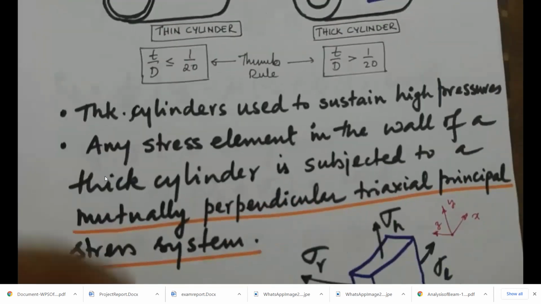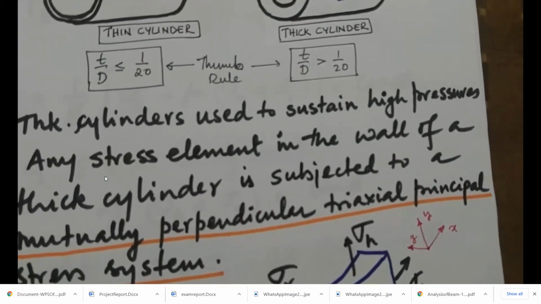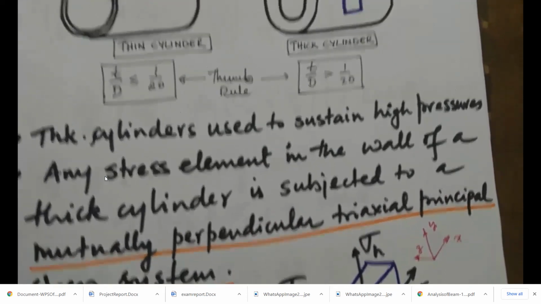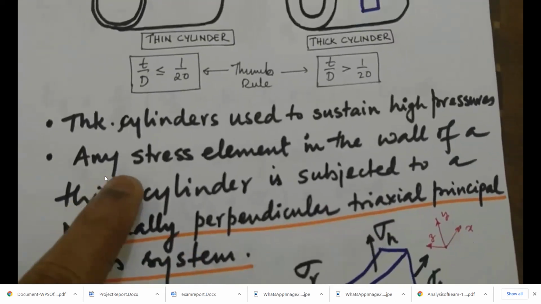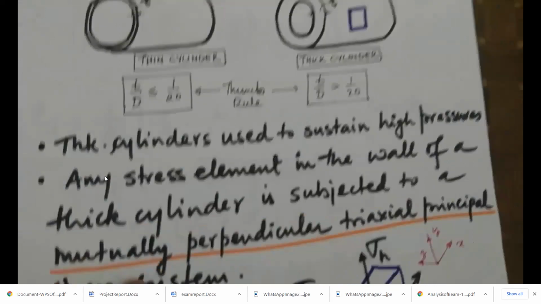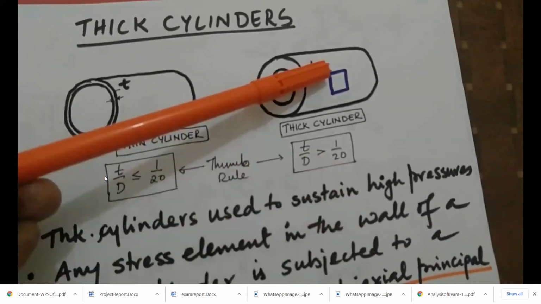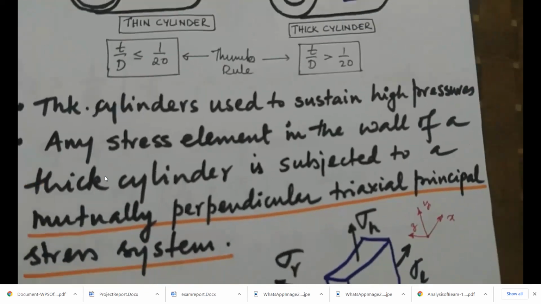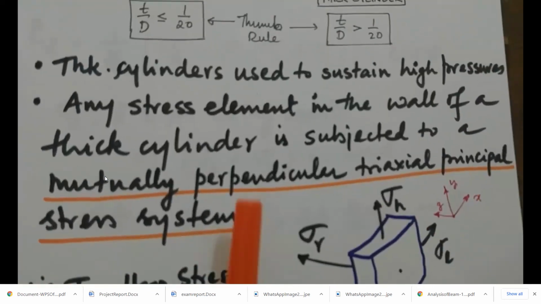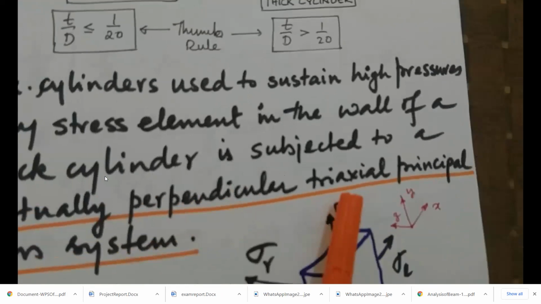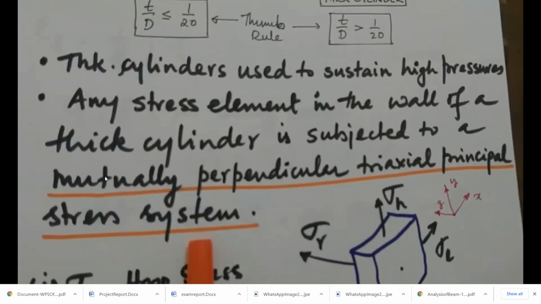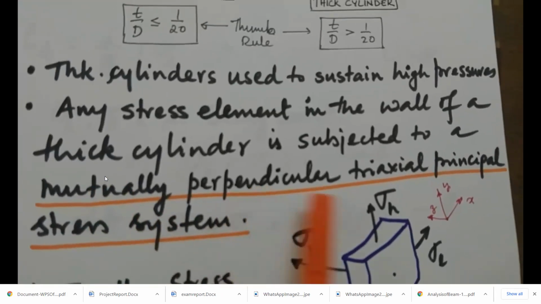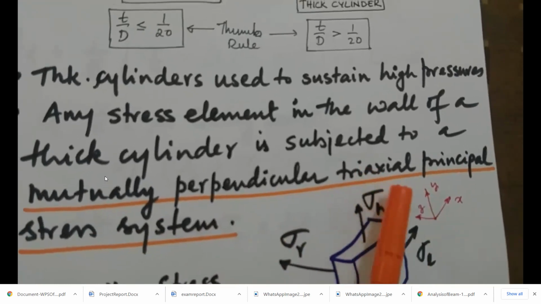Thick cylinders are used to sustain high pressures compared to thin cylinders. Second, any stress element in the wall of a thick cylinder, such as this stress element, is subjected to a mutually perpendicular triaxial principal stress system, with principal stresses as normal stresses along three axes.